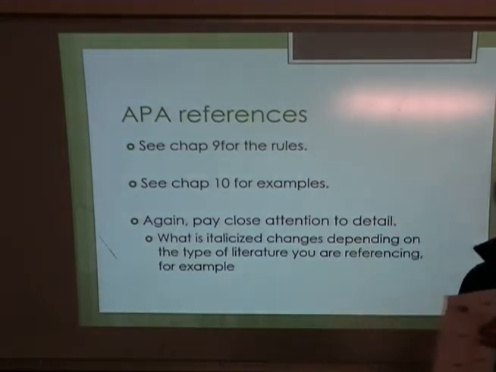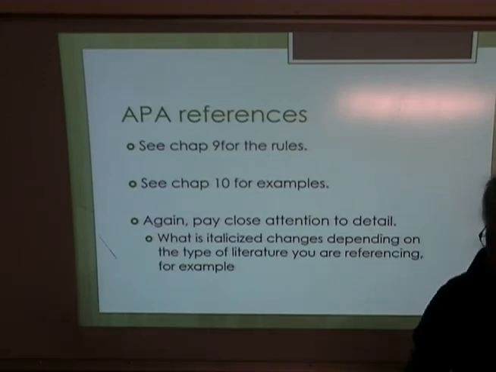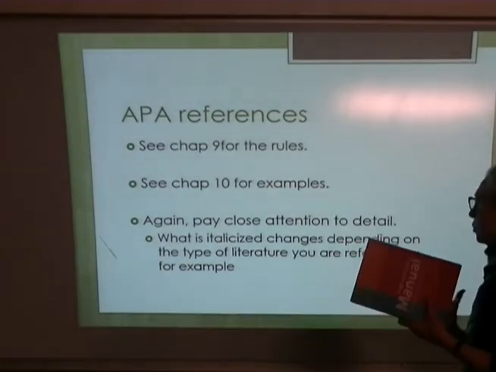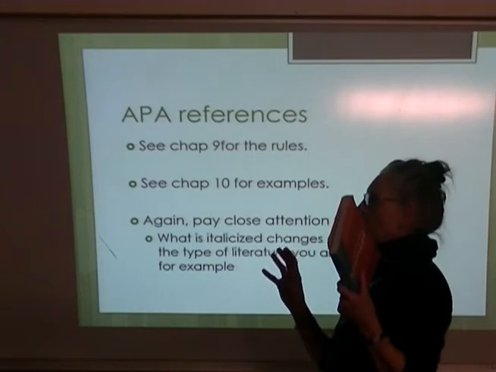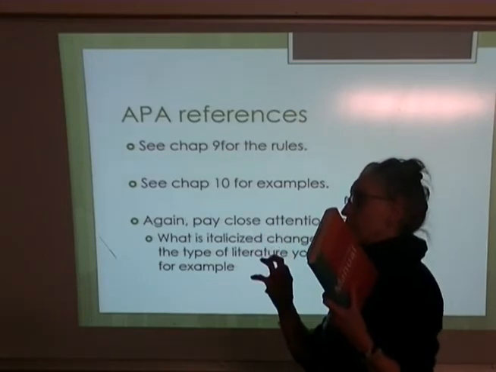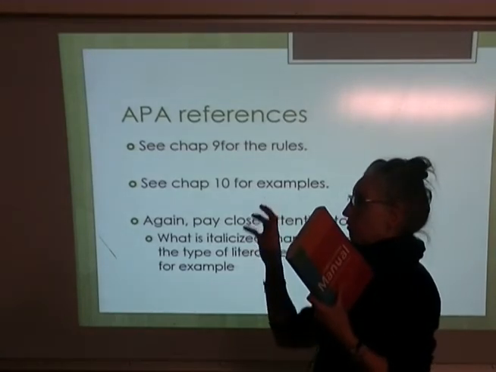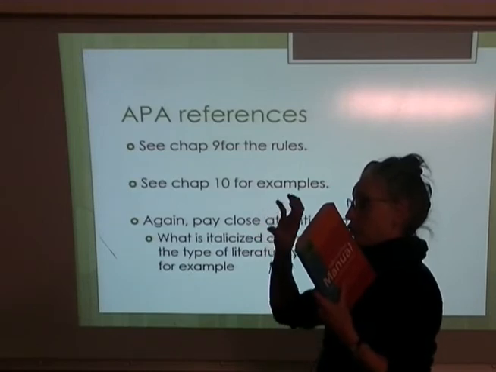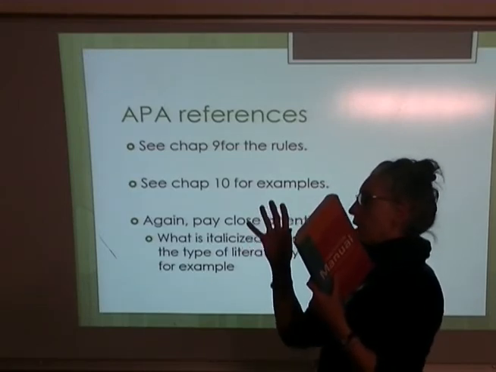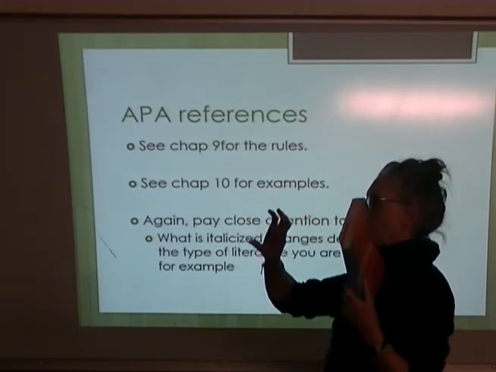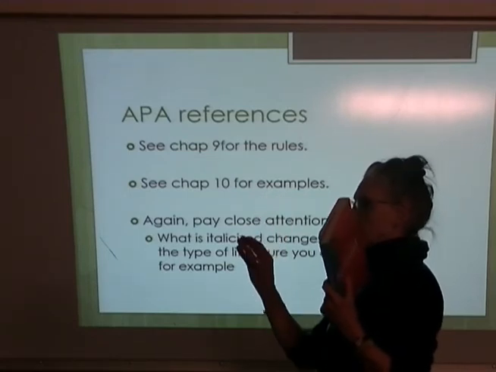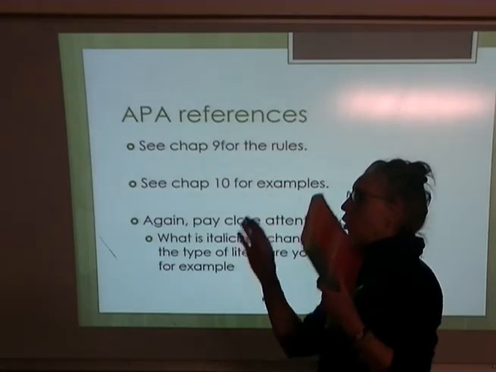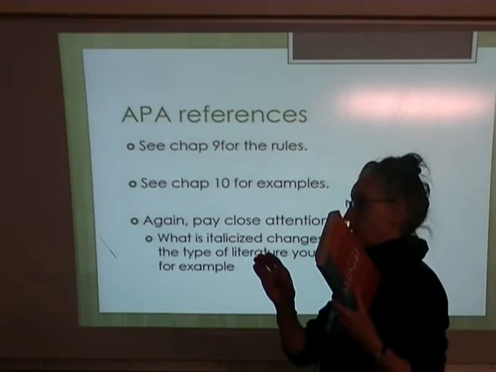All right? So you want to pay close attention because depending on the type of resource you're using, the reference format can change, right? So if it's a journal, you italicize the title of the journal, but not the title of the paper.